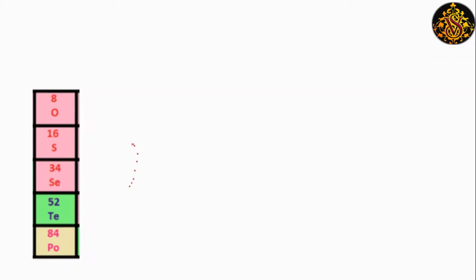And we can go to the 16th block. 16th block of elements. Remember the phrase: oh, she sees telephone. Just remember this sentence.